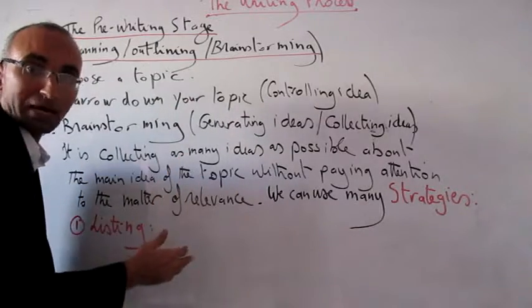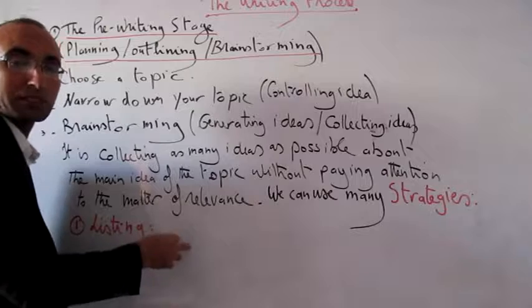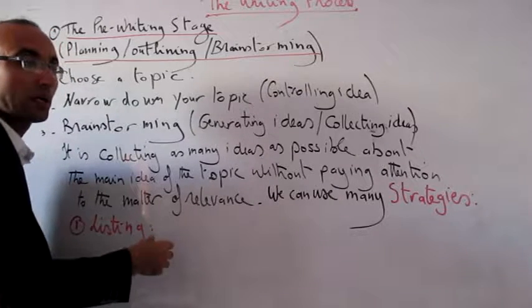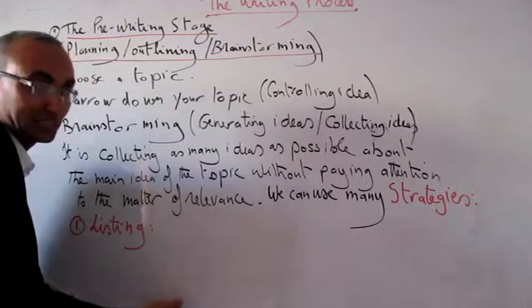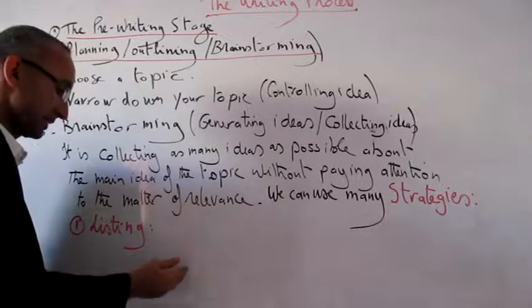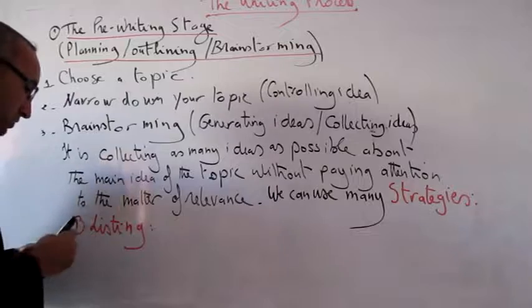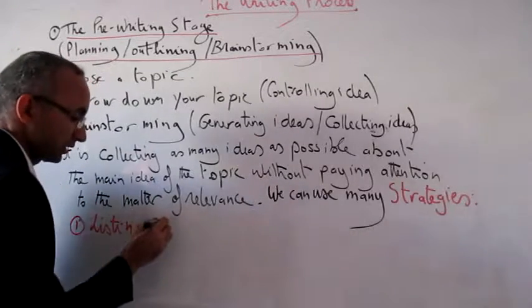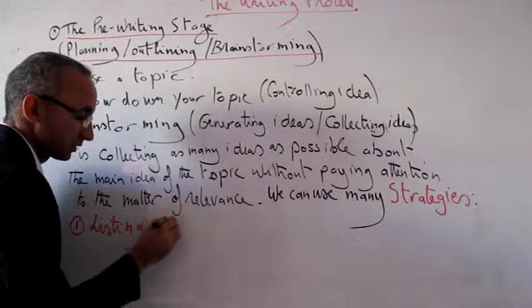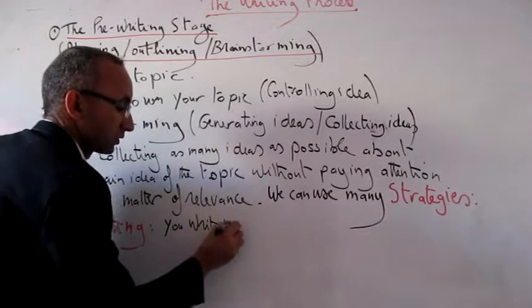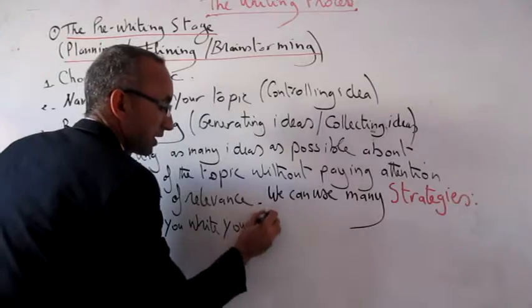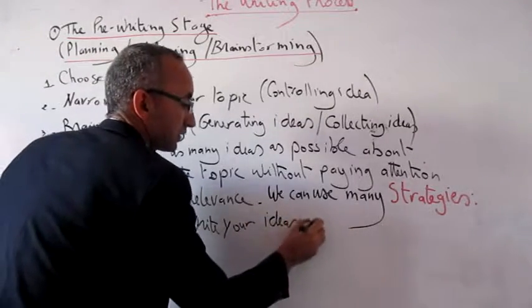Immigration, for example. I write all what comes to my mind about this. The environment, everything in this list. So you write your ideas in the list.